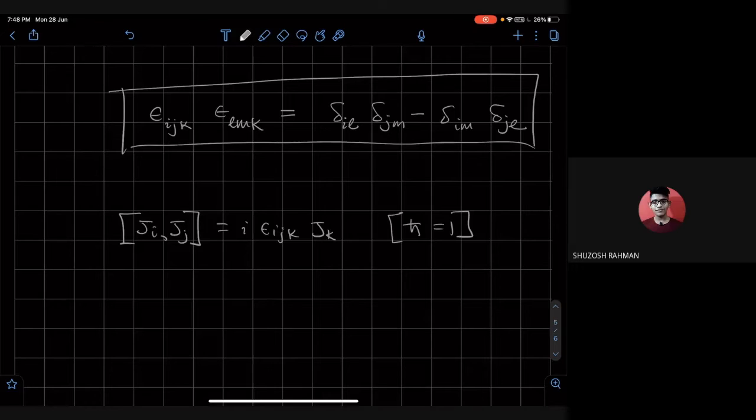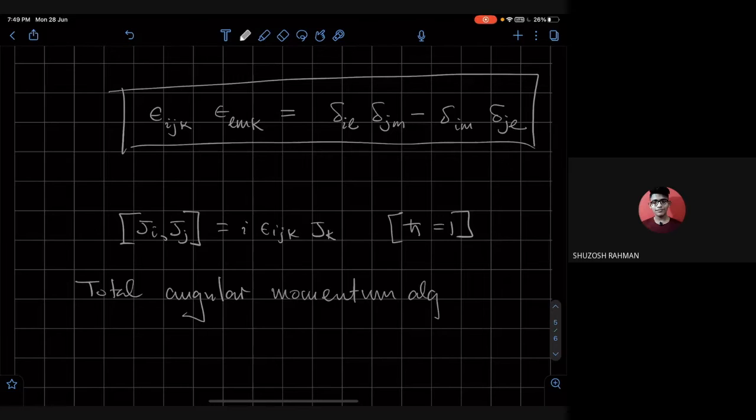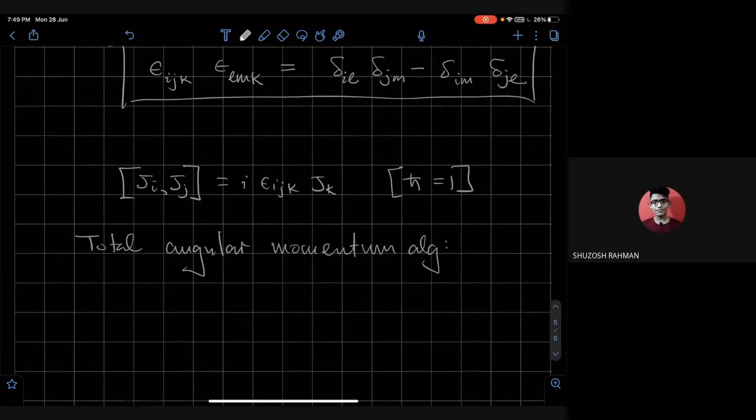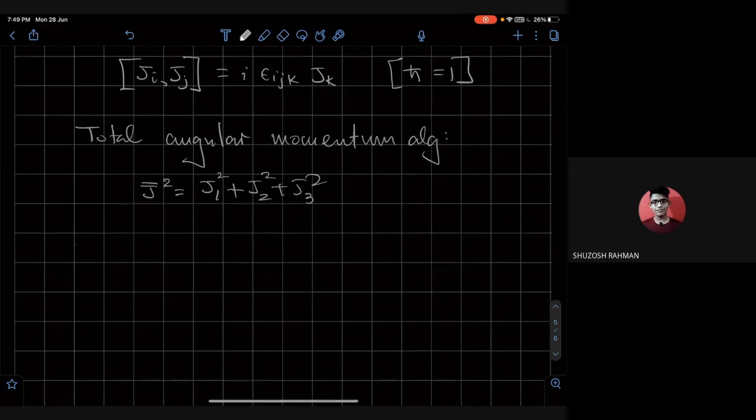So the total angular momentum algebra, that's given by J squared, and that's J1 squared plus J2 squared plus J3 squared. That commutes.